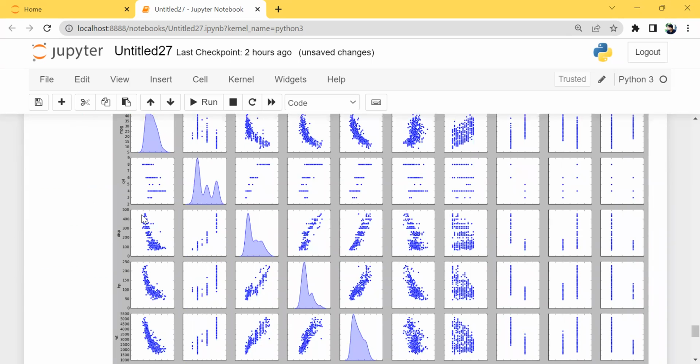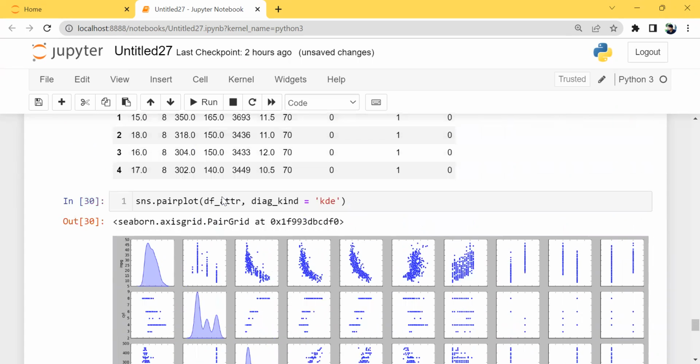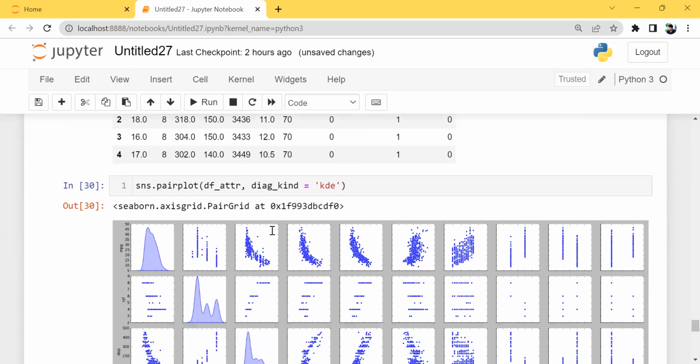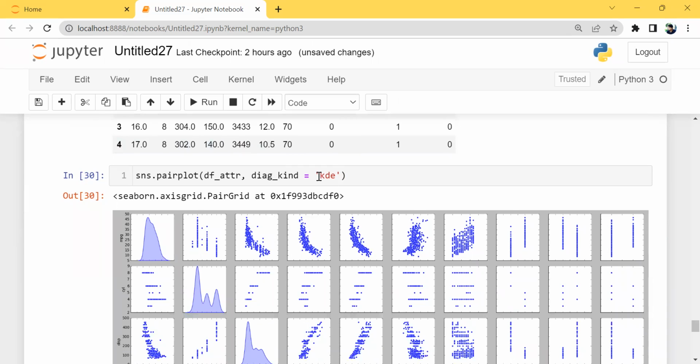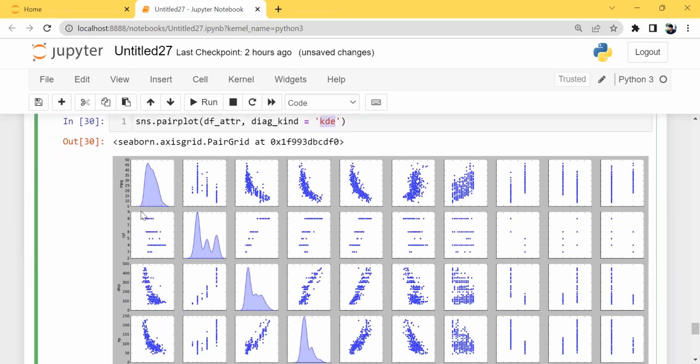Okay, so what is this KDE here? Kernel density estimation. You can call it KDE in short form. That's nothing but this particular plot here. You can observe the smooth curves, which are the kernel density estimation.